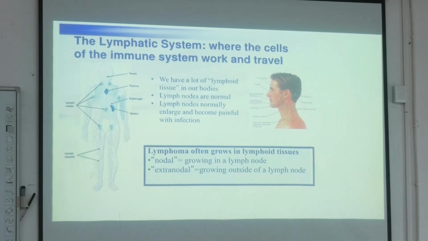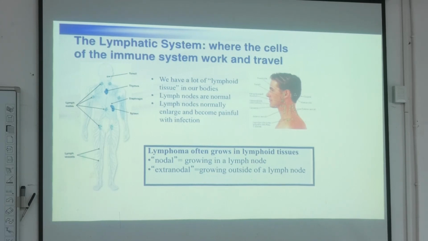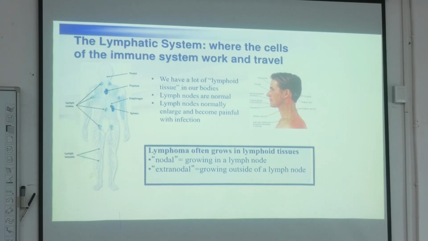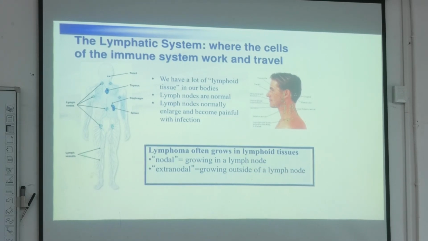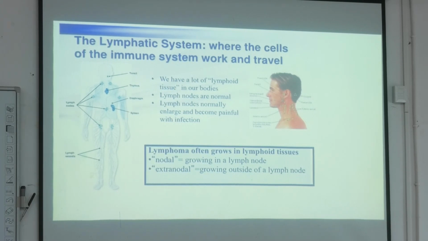Hodgkin lymphoma is usually located in lymphoid locations, but non-Hodgkin lymphoma is not restricted to the lymph node; lymphoma outside the lymph node is called extranodal lymphoma. Lymphatic tissue is also present in extranodal sites, and non-Hodgkin lymphoma can arise there too.